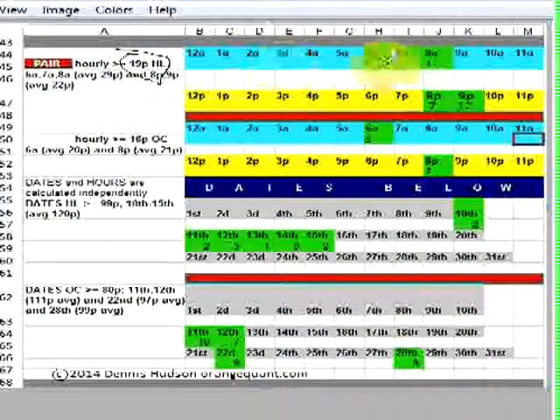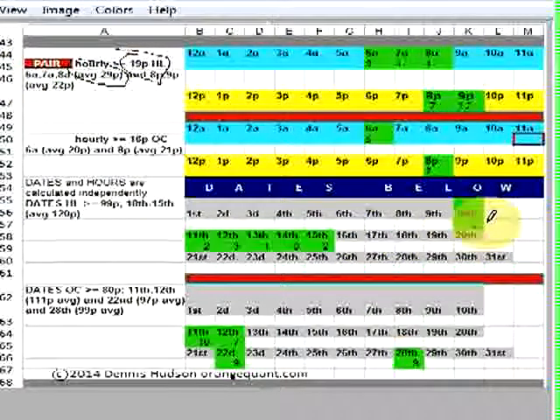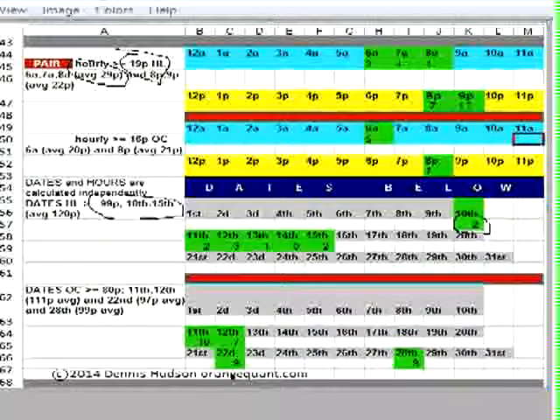And we look for clusters of these. On this first group there were 9 6 a.m. events, 4 7 a.m. events, 4 8 a.m. events. Their average was 29 pips, as you can see over here, and then you have the average of the others down there. Now for the dates, it's the same thing: the number of events, and you've got your averages and your minimum over here. That's how that works. And you've got this information for 28 separate pairs.